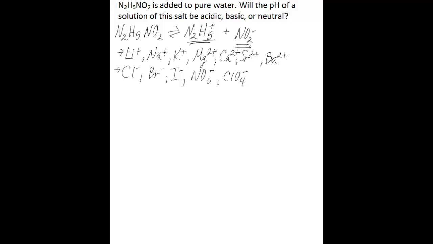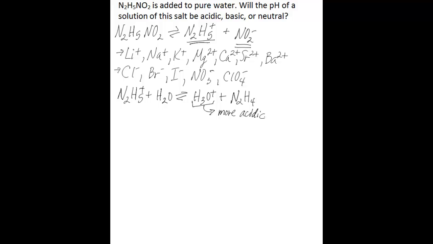N2H5+ is the conjugate acid of the weak base hydrazine, and it will donate a proton to water according to the following reaction. We have N2H5+ plus water giving us a hydronium ion plus hydrazine, N2H4. So the hydronium ion produced from this reaction will make the solution more acidic.